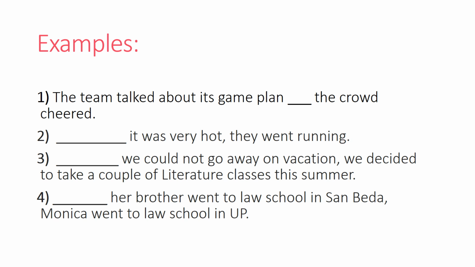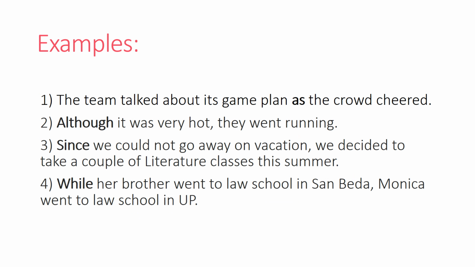Okay, number 4. Blank, her brother went to law school in San Beda. Monica went to law school in UP. So, similar. Two actions, went to law school, similar, happening at the same time. Therefore, you may use while. So these are the answers.